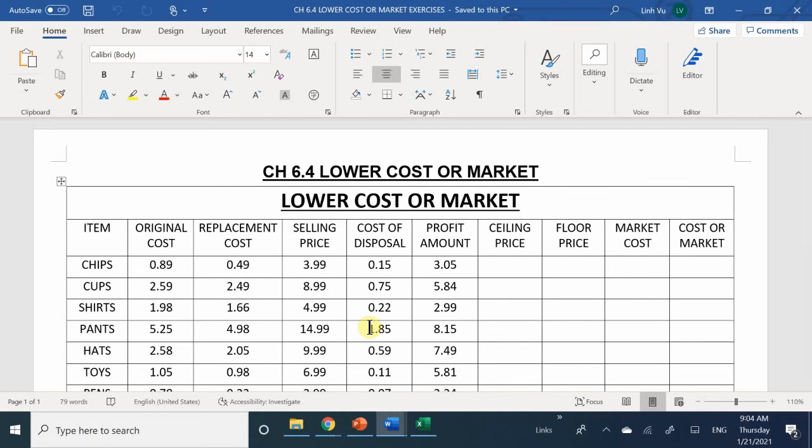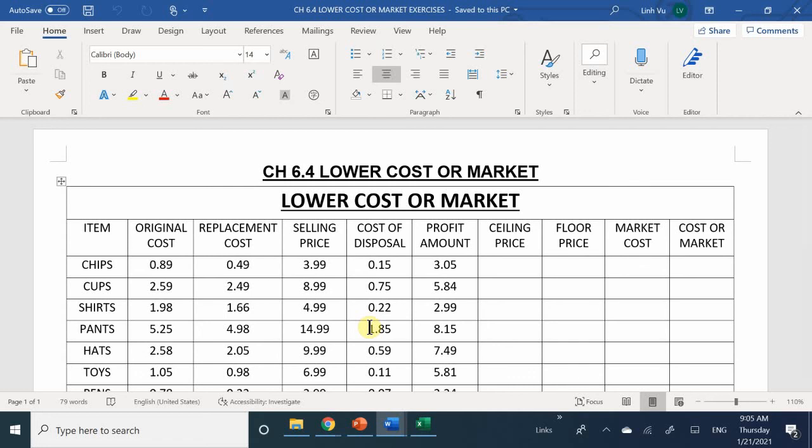Now the market is telling me that since this flavor is not popular, it's only going to be sold at 49 cents. The selling price I want is $3.99, the cost of disposal is 15 cents per bag, and the profit I want to gain is $3.05.